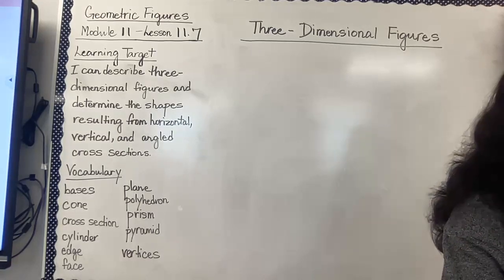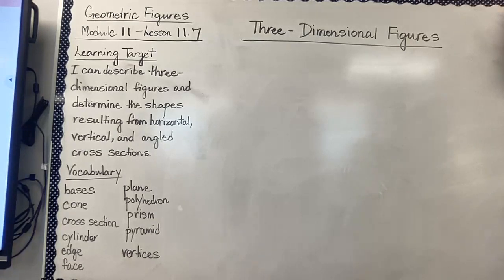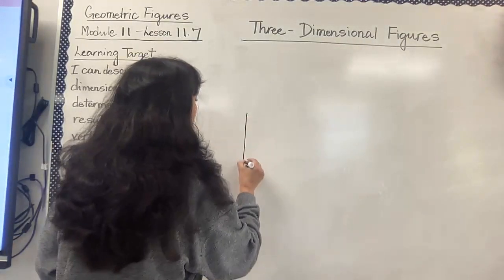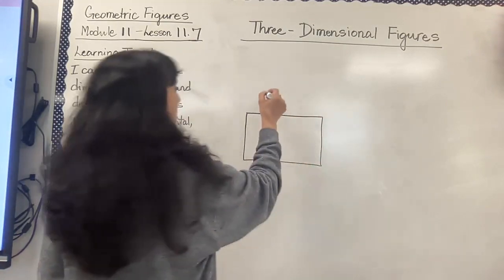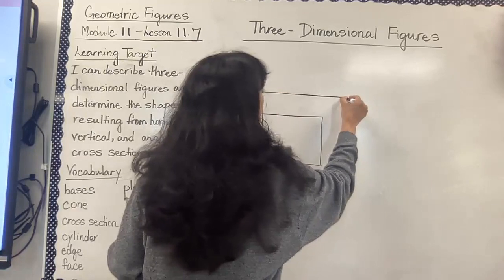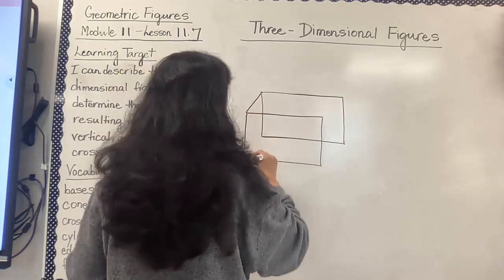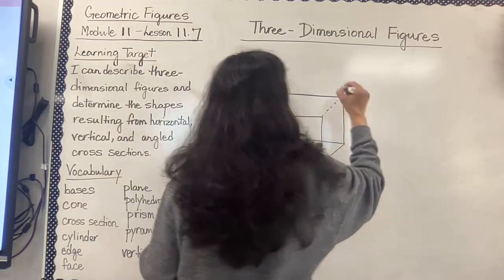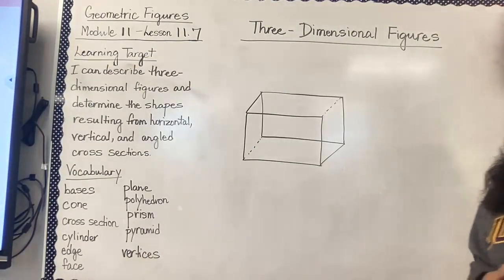Now I am going to go ahead and draw a prism really quick. Let's say I draw a rectangular prism. And yes, this might not be the best, but this is pretty easy how to do it like this. So here is a prism. It's a three-dimensional shape.